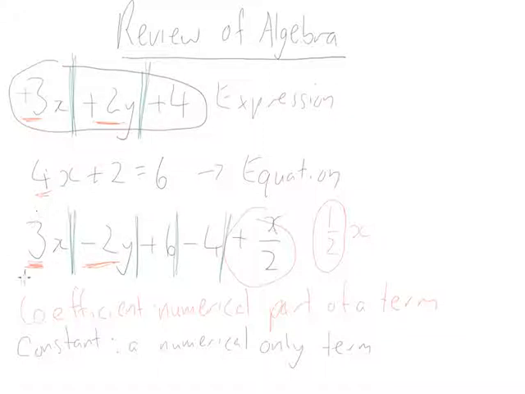So right here, 3x is not a constant because of the x. Minus 2y is not a constant because of the y. But plus 6 here, that is a constant. Also, minus 4 is a constant. X on 2 is not a constant. Up here, 2 is a constant, plus 2 is a constant, 6 is a constant. And up here, 4 is a constant as well.